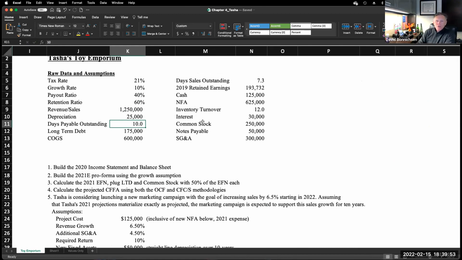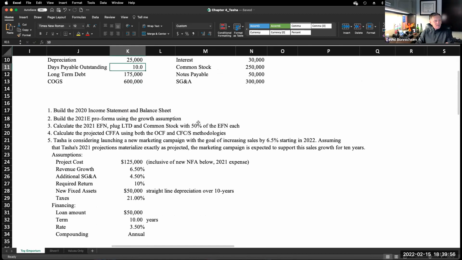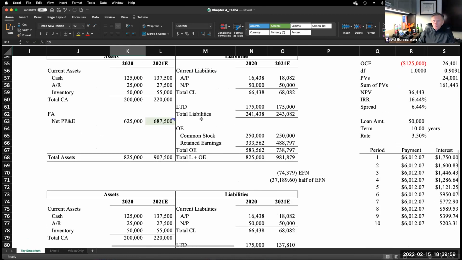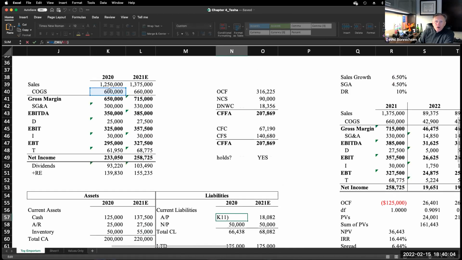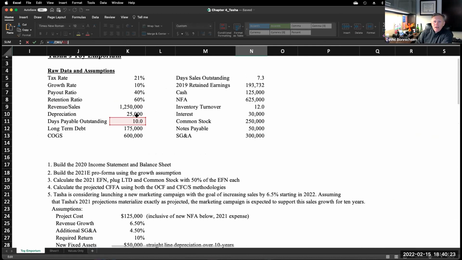Except this time we're using cost of goods sold instead of sales, because we're talking about what we're buying from our suppliers that goes into the product that we're making. Which is why we use cost of goods instead of the sales revenue. And then we're using days payable outstanding: how long is it taking us to pay our bills to our suppliers?